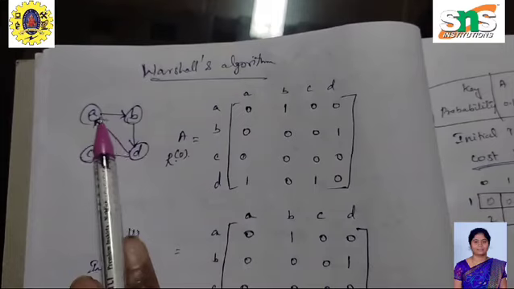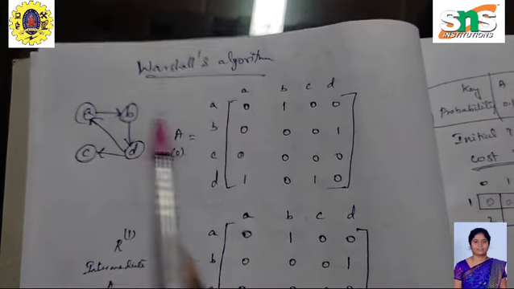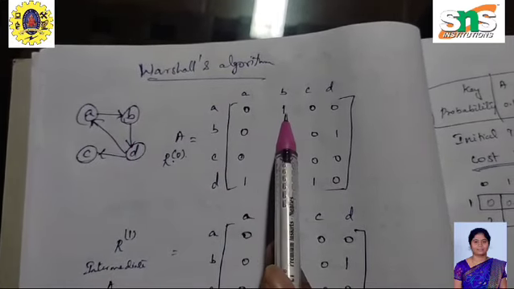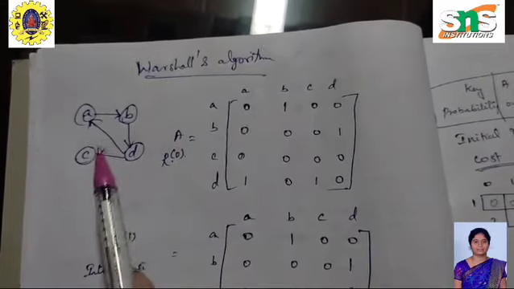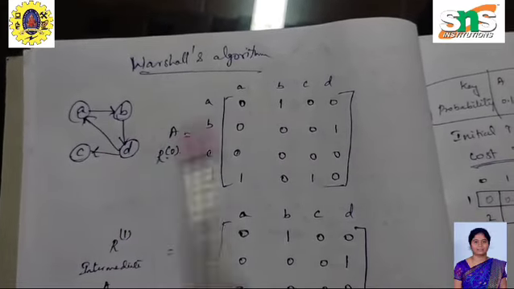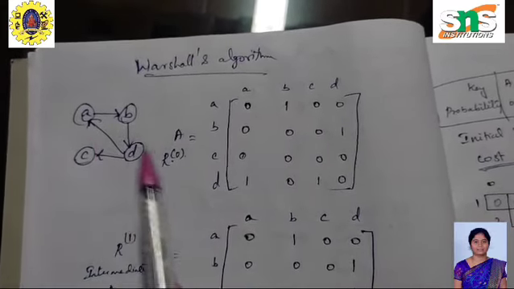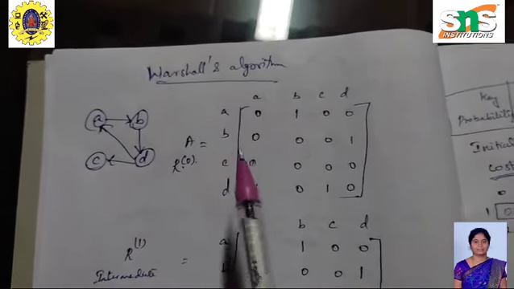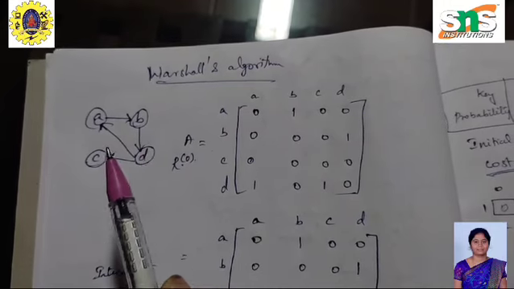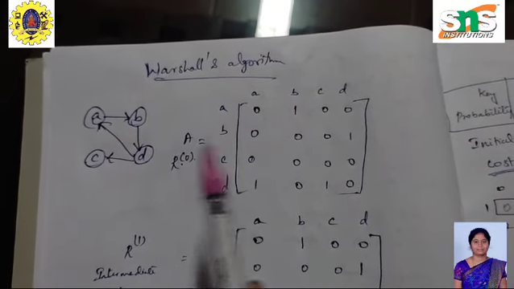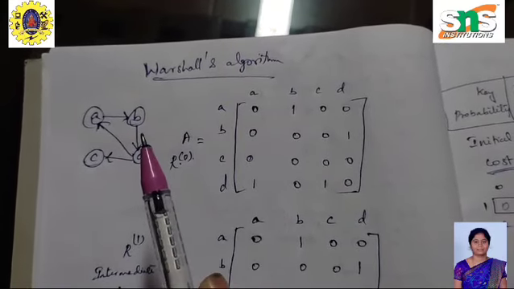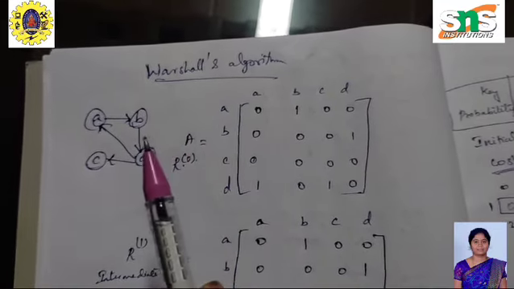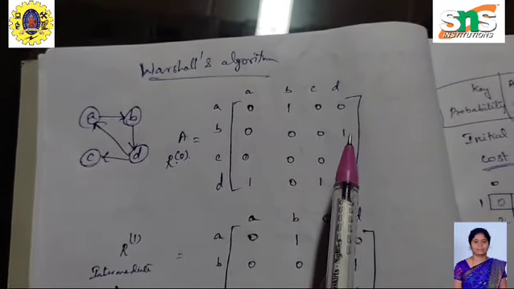Here it is A to B, so for A to B I am supposed to mention 1, and A to C I don't have a connection, so it is 0, and A to D there is also no direct connection, so it is 0. For B, from B to A I don't have any connection, B to B also no, and B to C also no, but B to D I have a connection, so I mention 1.